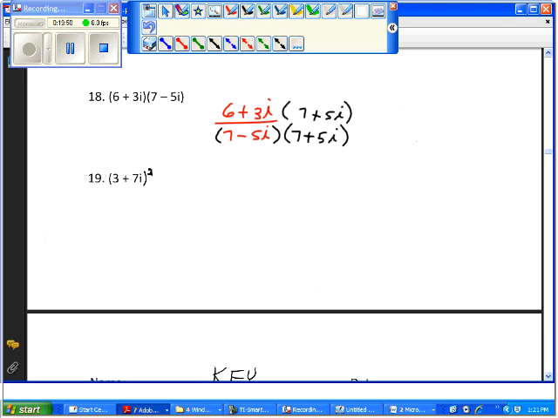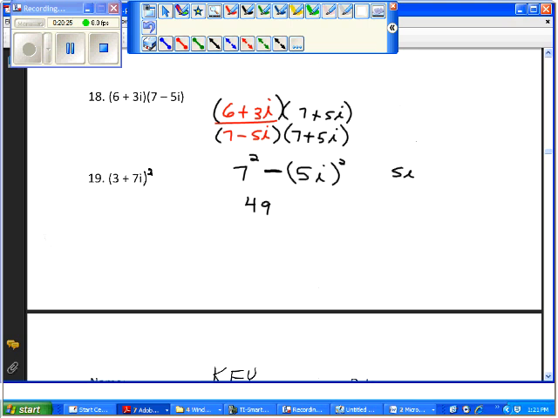Okay? So what we would have is the difference between the two items squared. That would give us a 49, and then what would this be? Well, what's 5i quantity squared? It's 25 times negative 1, right? Because the i squared part's negative 1? I'll write it out just in case.